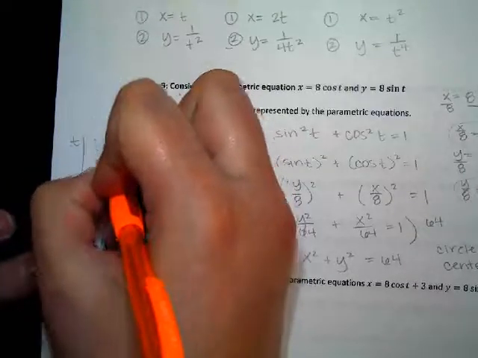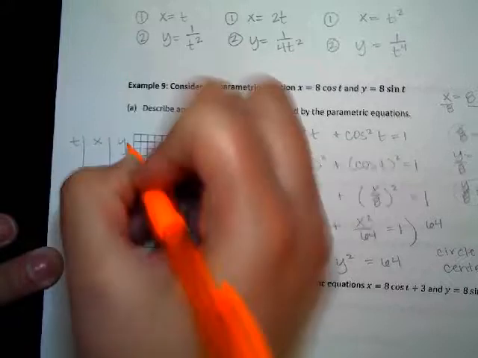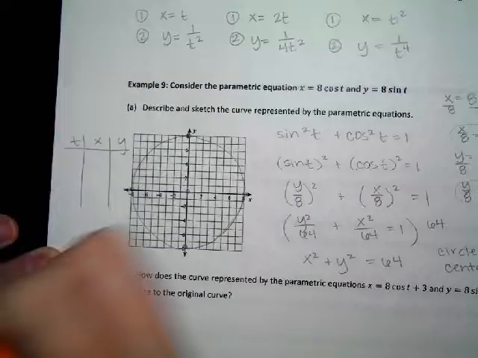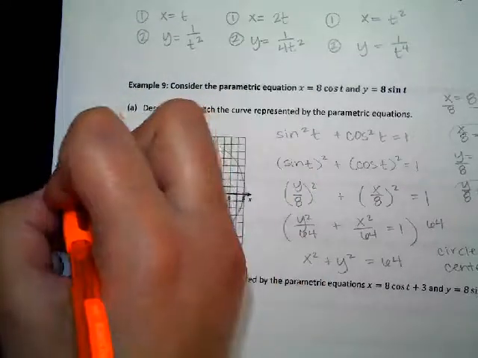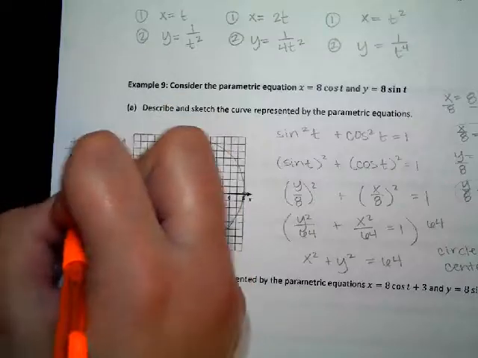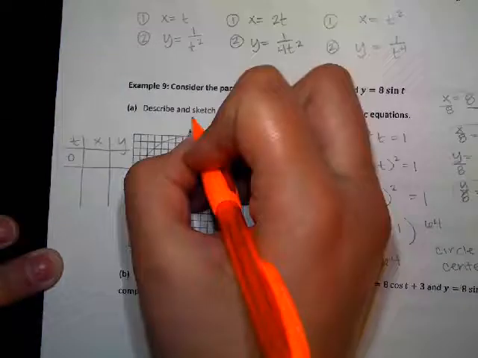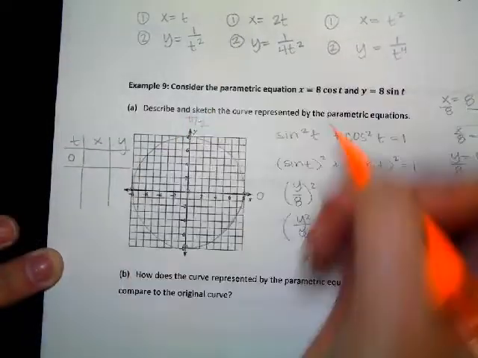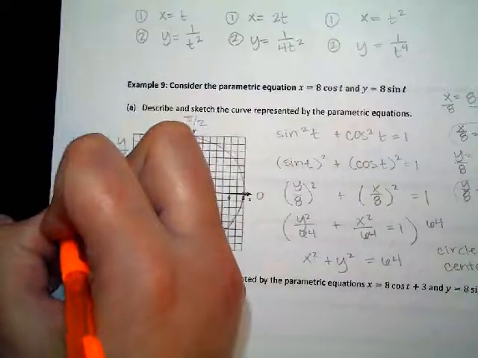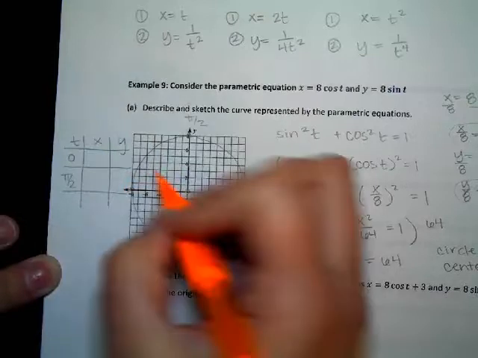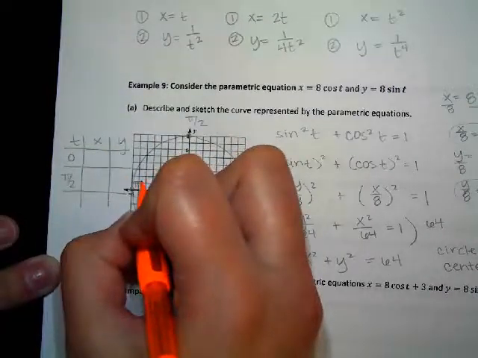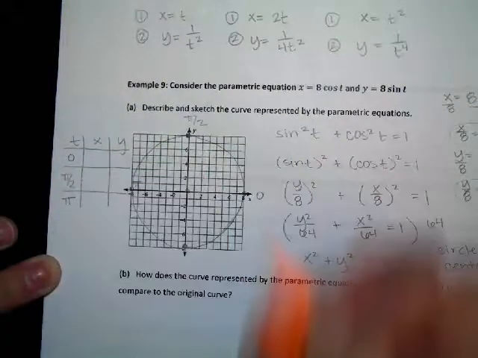And for t, I'll go ahead and start with plugging in 0. And then here's 0, and then maybe I'll plug in pi halves next. And then maybe after pi halves, I'll plug in pi, that's over here. So I'm picturing just plugging in unit circle numbers, because those will be easy to plug in, right?